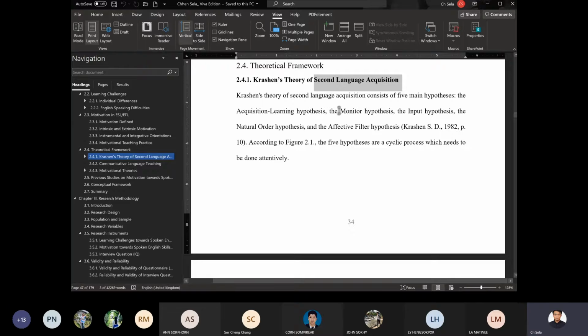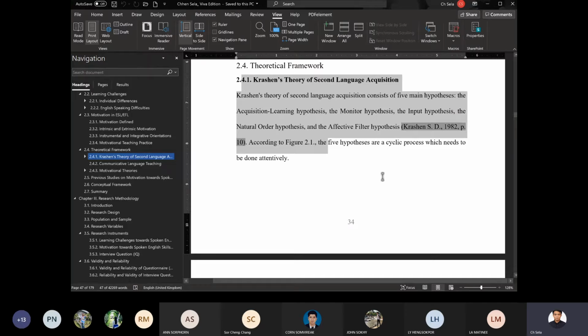As I read at that time, there were more than 5 second language acquisition theories, but I chose the corruption theory. This theory itself has 5, I guess: the acquisition-learning hypothesis, the monitor hypothesis, the input hypothesis, and the natural order hypothesis.